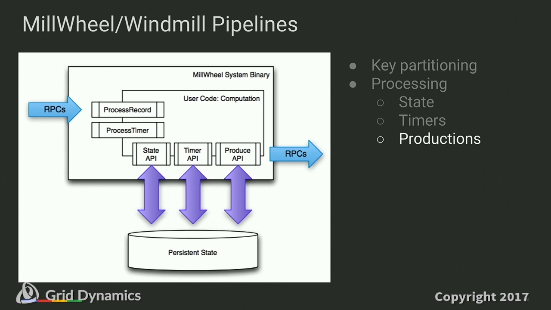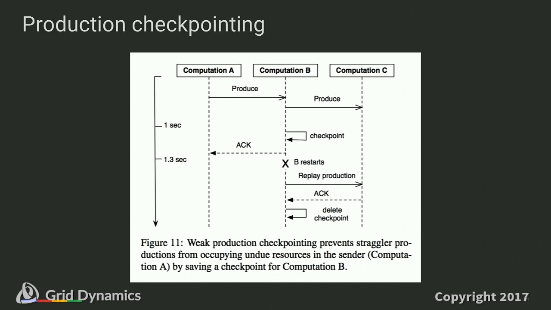And then the last thing you can do from a Millwheel node is a production. That is, send a record downstream to the next node. And this is actually a similar diagram to the one before. Basically, this is weak production checkpoint.